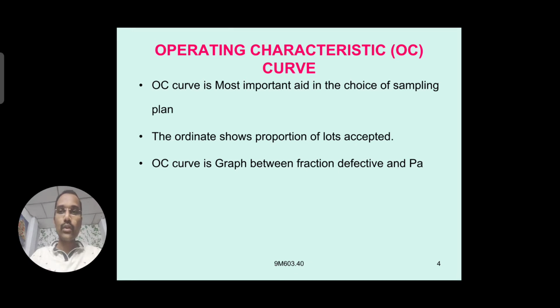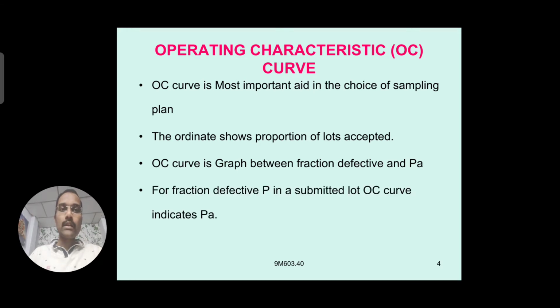So the graph is drawn, with the values of the probability of acceptance on one axis and the values of the fraction defective, that is P, on the other, right?